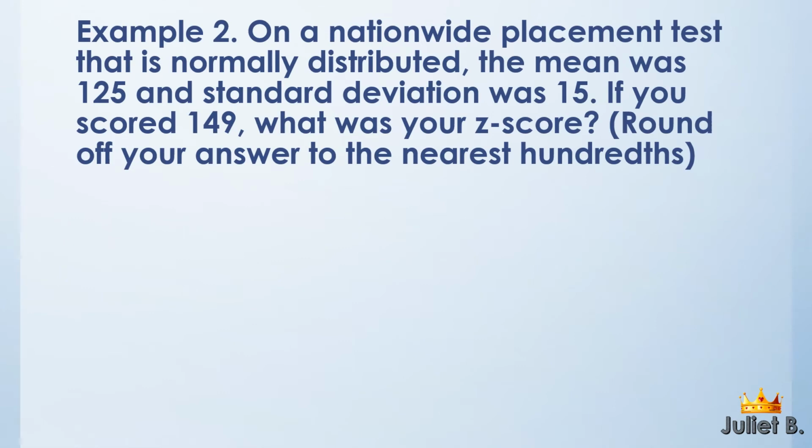Example number 2. On a nationwide placement test that is normally distributed, the mean was 125 and standard deviation was 15. If you scored 149, what was your z-score? Round off your answer to the nearest hundredth. Again, our formula is z equals x minus mean divided by standard deviation.